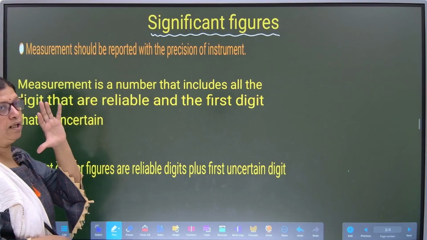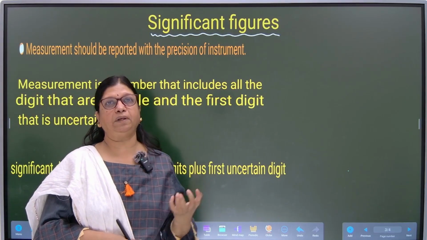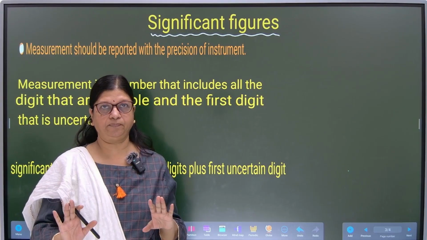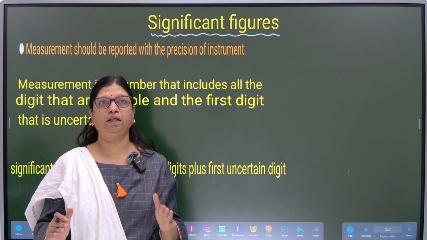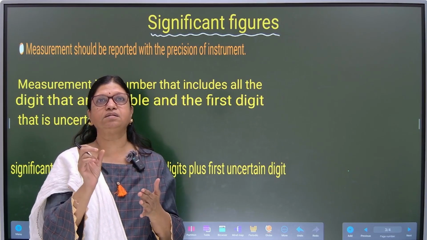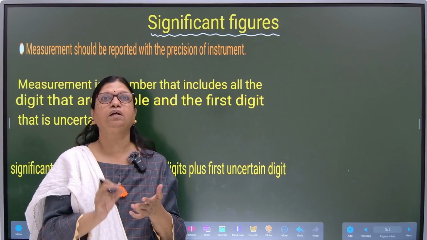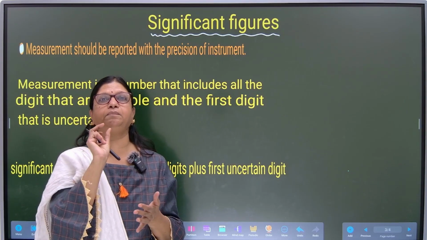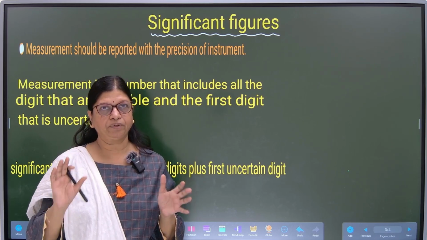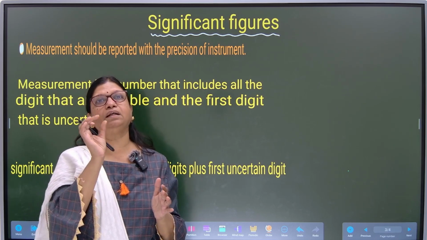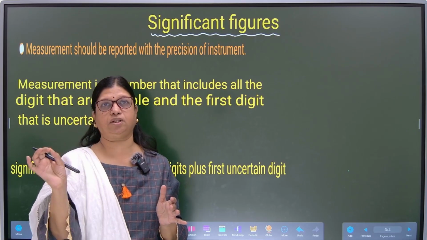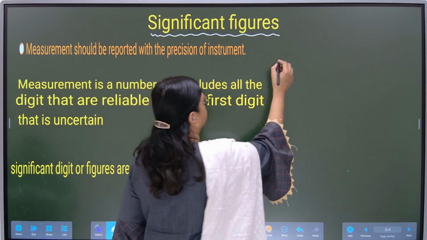See, when we talk about any measurement, we use an instrument. That instrument has a certain least count, that is the minimum measurement that can be made by the instrument. And that least count determines the precision of that instrument.